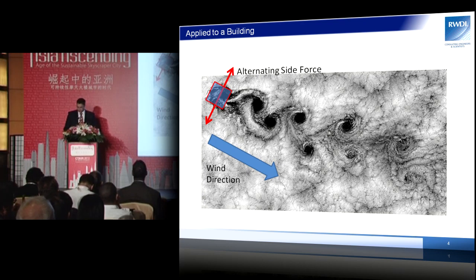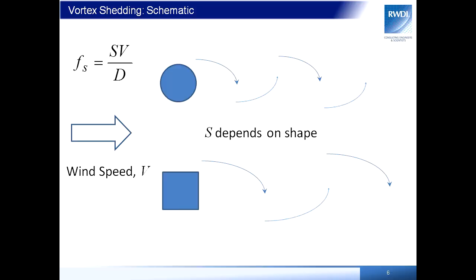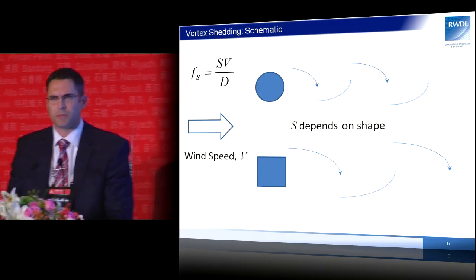And obviously, for those of you that understand what resonance is, it's not a good thing. So if we look at just a very simple equation, I apologize for including an equation, up here on the left, that characterizes vortex shedding pretty simply.